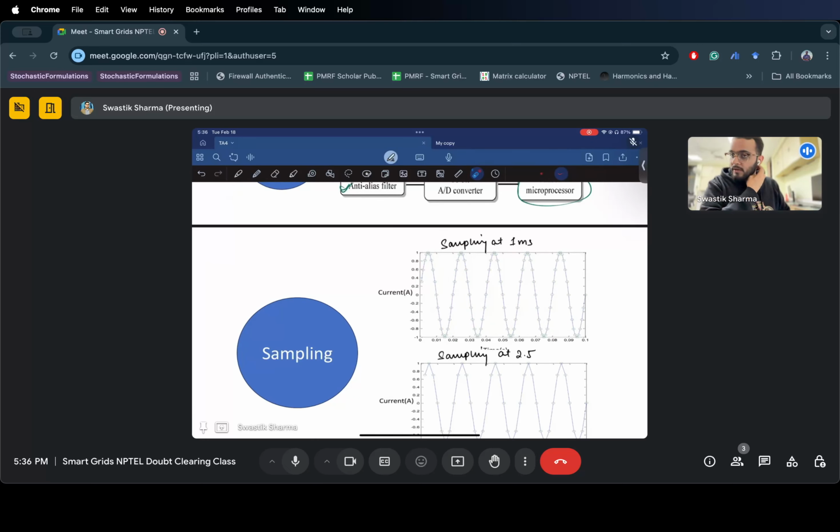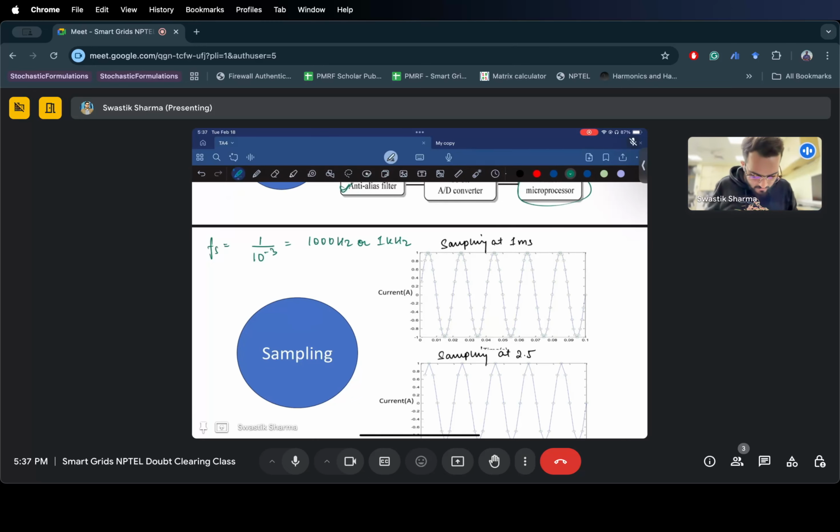If you are sampling at 1 millisecond, what does that mean? The frequency of sampling is 1 upon 10 raised to power 3, which is 1000 hertz or 1 kilohertz. So you're sampling at 1 kilohertz, right?